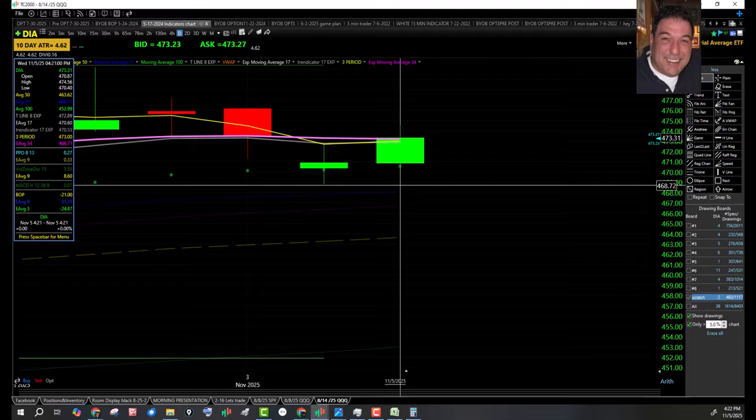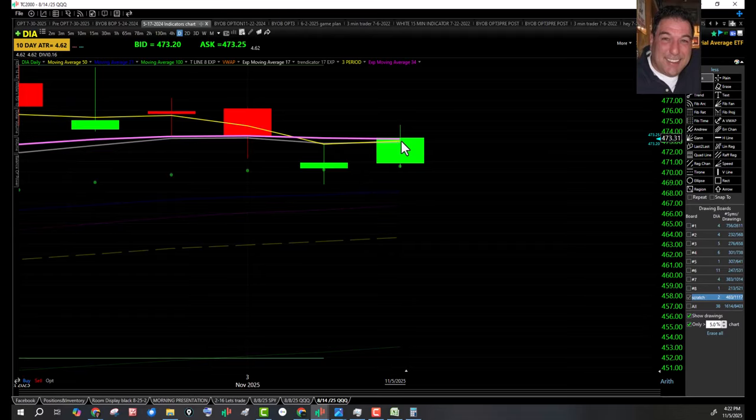Okay. And the 3 EMA is 473. So the 3 EMA is above the 8 EMA, all right, making this an uptrend.